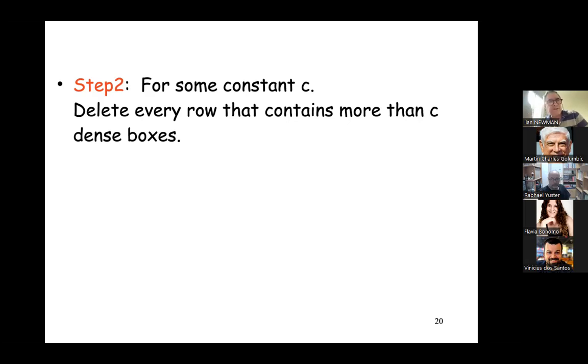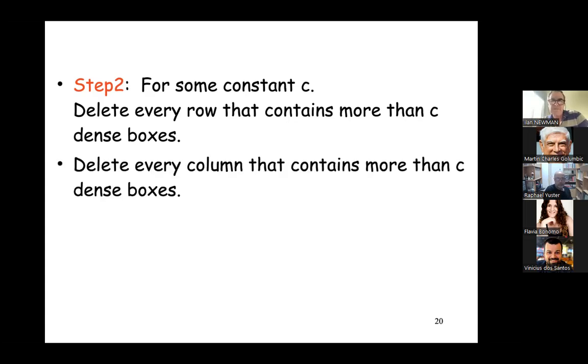So we don't expect that many rows will have more than some constant, and many columns will have more than some constant. So we delete every row that is atypical and every column that is atypical, every column that contains more than C dense boxes. As a result, every column and every row will contain at most a constant number of dense boxes, and we don't lose a lot of points.